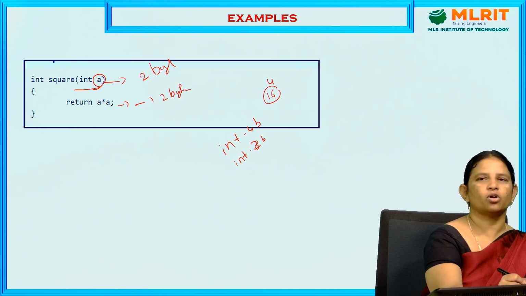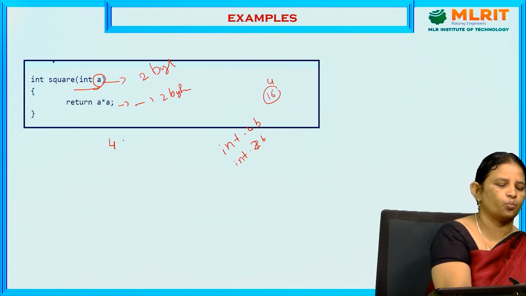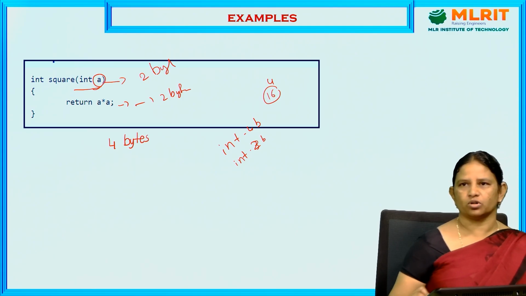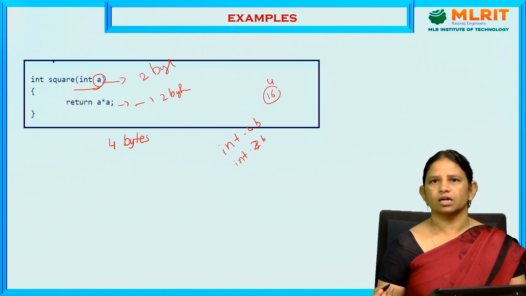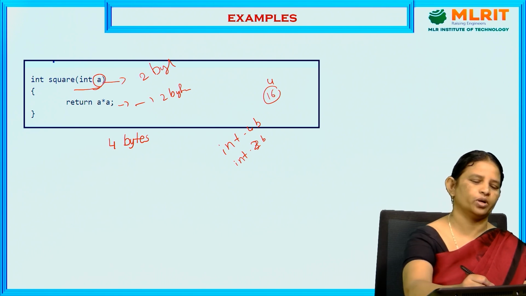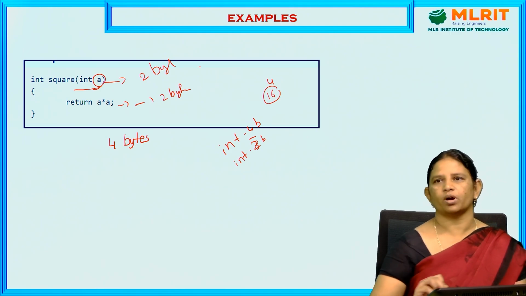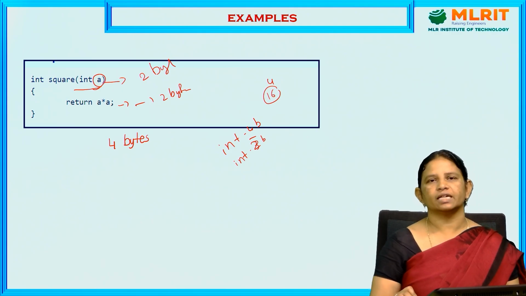Total memory required for executing this program is 4 bytes if it is a 32-bit processor. For a 64-bit processor, integer a takes 4 bytes of memory and the return statement takes 4 bytes.